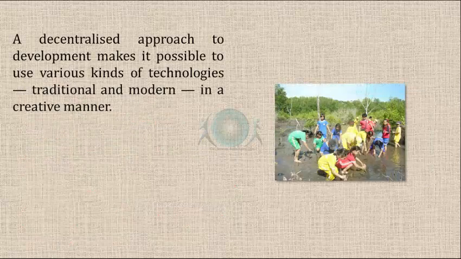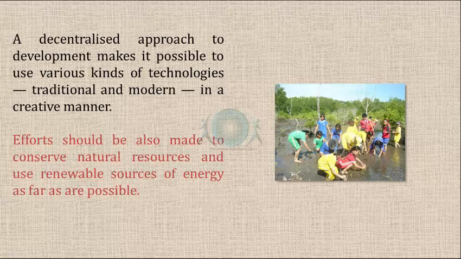A decentralized approach to development therefore makes it possible to use various kinds of technologies, traditional and modern, in a creative manner. Efforts should also be made to conserve natural resources and use renewable sources of energy as far as possible.